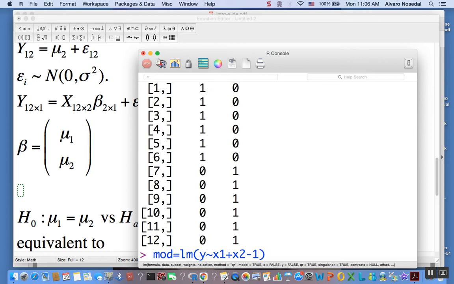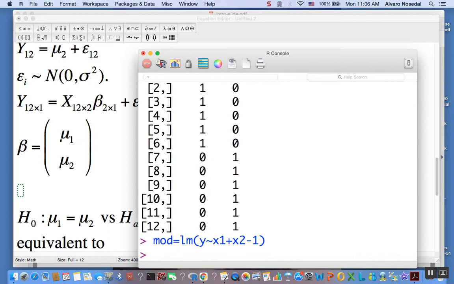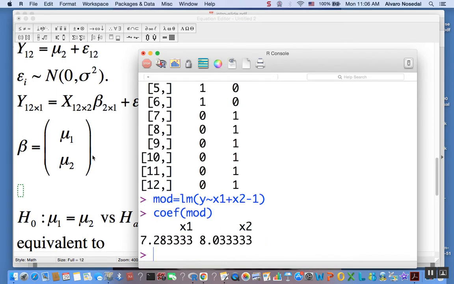Hey R, I don't want a y-intercept. I don't want a beta 0. Okay, so let's see. We should only have 2 coefficients, and what we have there are going to be mu1 hat and mu2 hat. Okay, we only have 2 as we should. Nice.